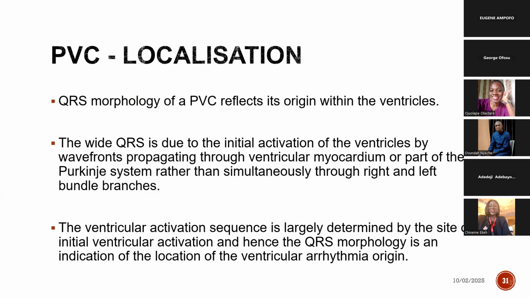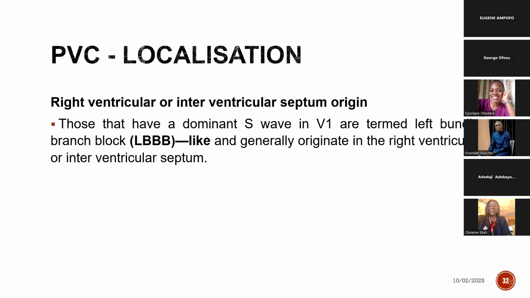The ventricular activation sequence is largely determined by the site of initial ventricular activation, and hence the QRS morphology is an indication of the location of the ventricular arrhythmia origin.